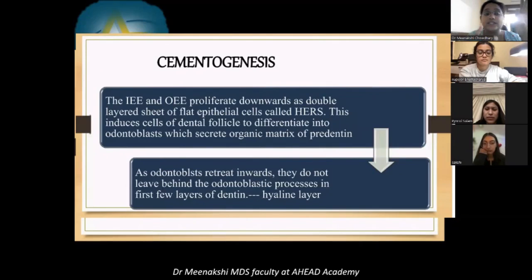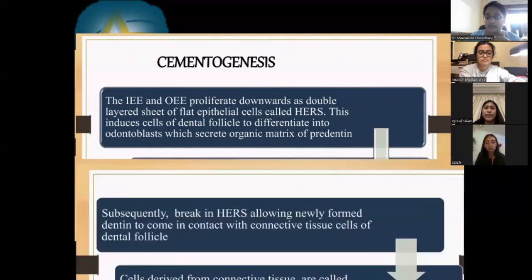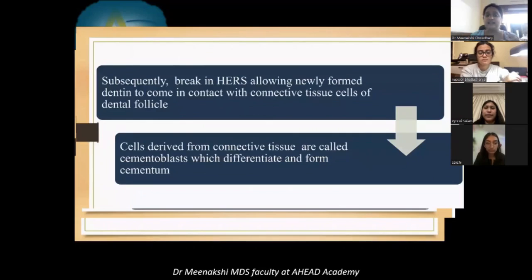It induced the follicle to differentiate into odontoblasts and cementoblasts. Odontoblasts secreted the organic matrix like predentine, then retreated inwards, leaving behind odontoblastic processes. There was formation of a hyaline layer.